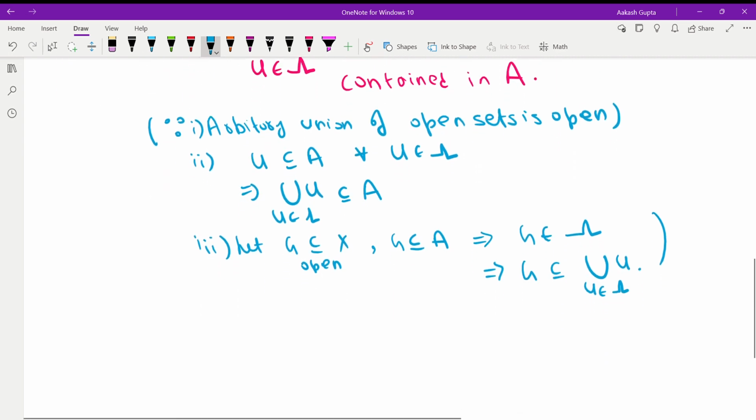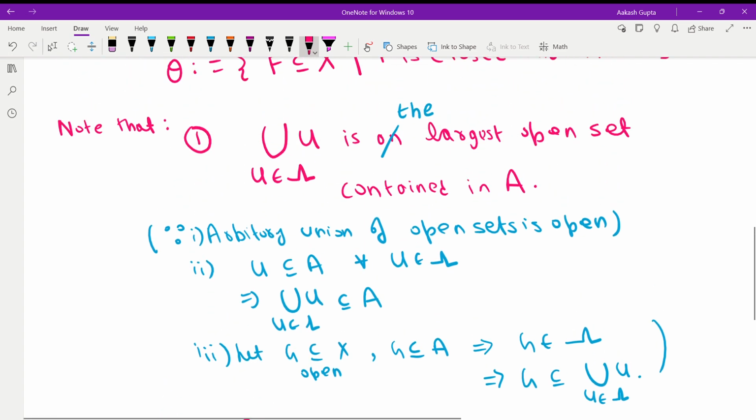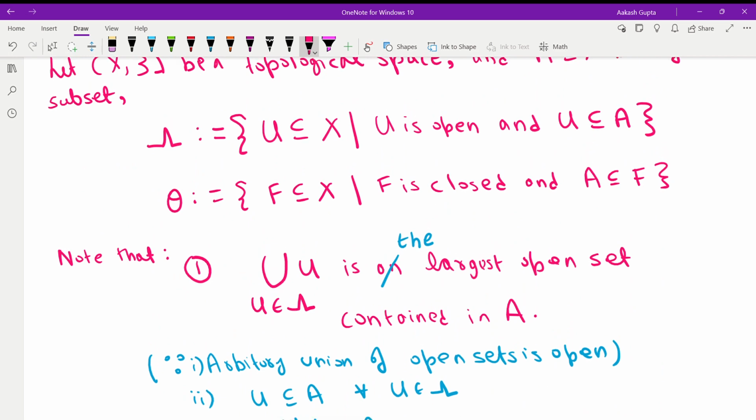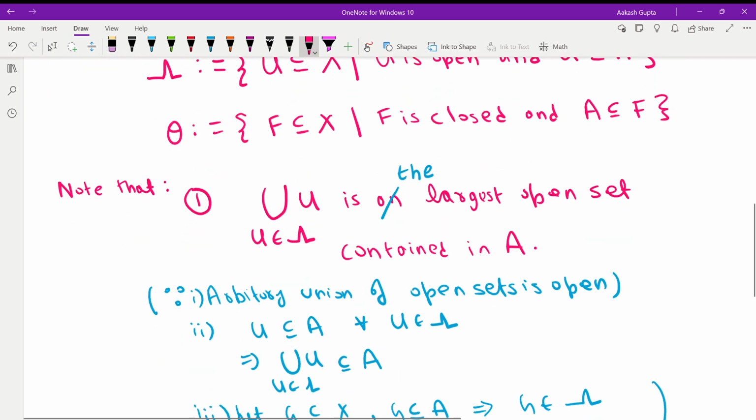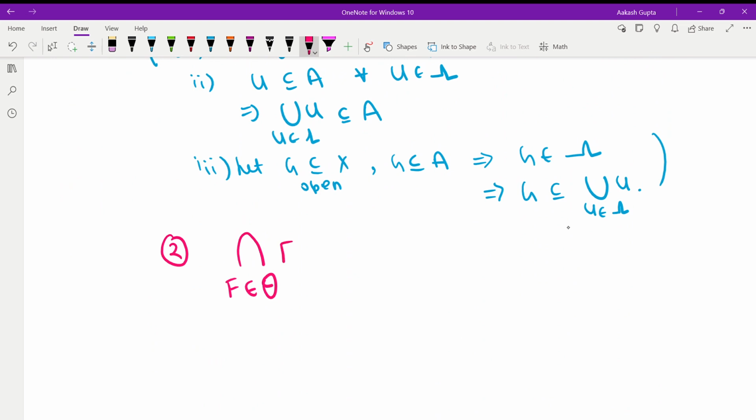Very nice. Similarly, second, the intersection. I think I have defined theta. Let us recall what theta is. Theta is the collection of all closed sets in X such that those contain A. So let us talk about this intersection. And what is it?